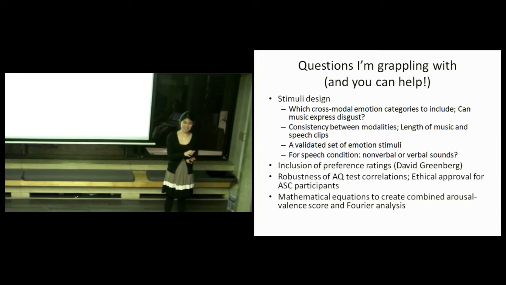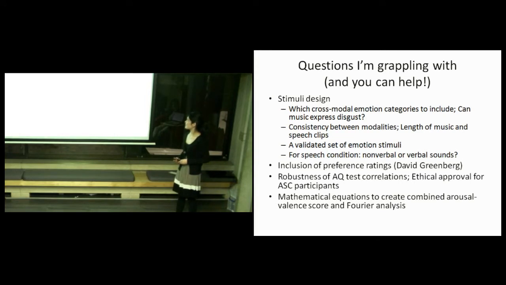Like in music, disgust isn't something you can really express. So I'm trying to find across all 3 modes the emotion categories that would be useful to look at. Because even though the participants aren't making emotion category evaluations, I will be looking at those categories in my data analysis and seeing how the ratings compare.